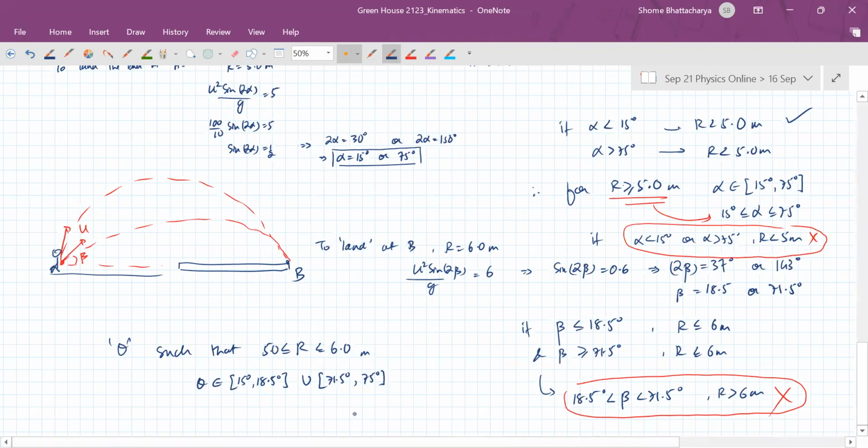So in the entire domain from 0 to 90 degrees, we don't want this region. Between 18.5, 71.5 and 75. So this region should be avoided. Don't want it to be less than 15. This region should also be avoided. We don't want it to be greater than 75. This region should also be avoided. So we are left with what possible values? We are left with this.